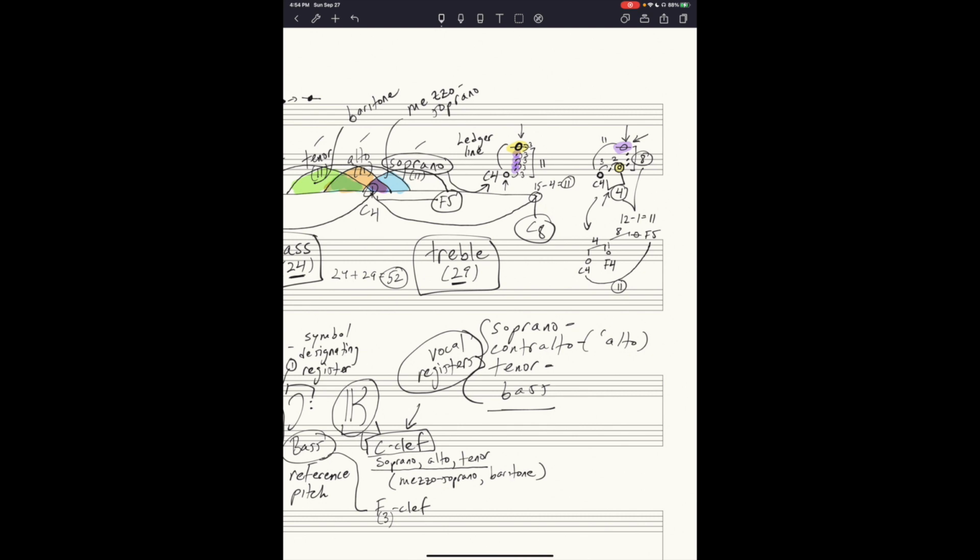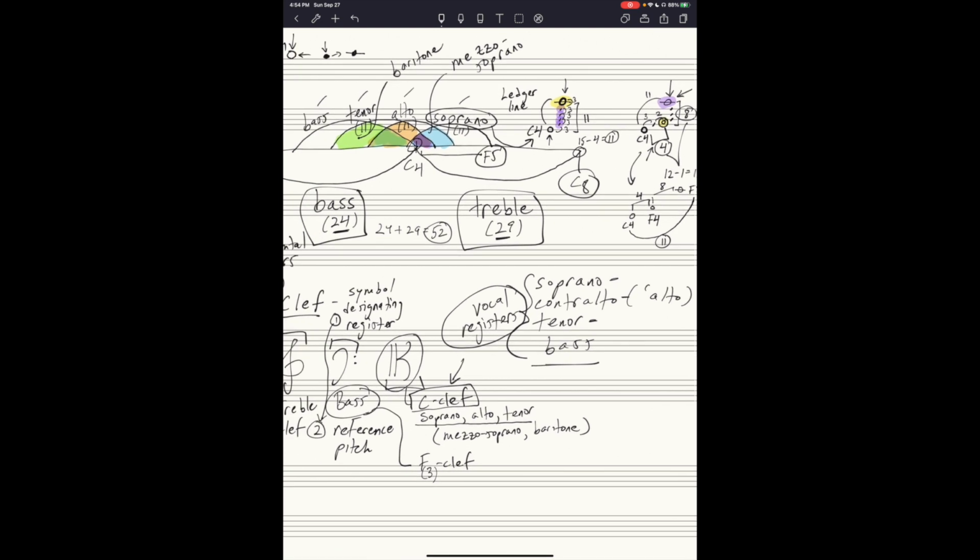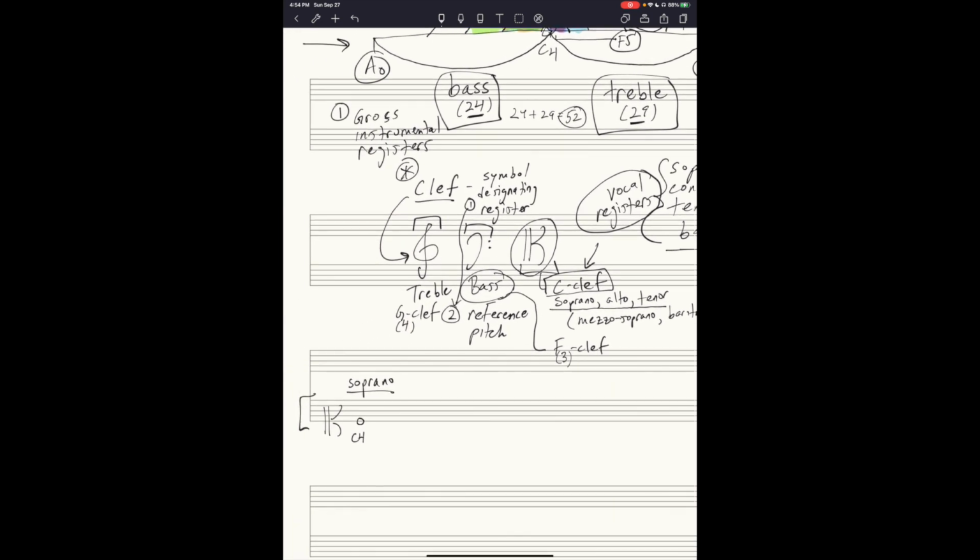Now, at the time, that was an arbitrary decision, but now you can see that there was some purpose behind it, which is to say that if we're actually going to apply a clef to this staff that indicates the range of the soprano, it turns out that C4 is indicated on the first line.